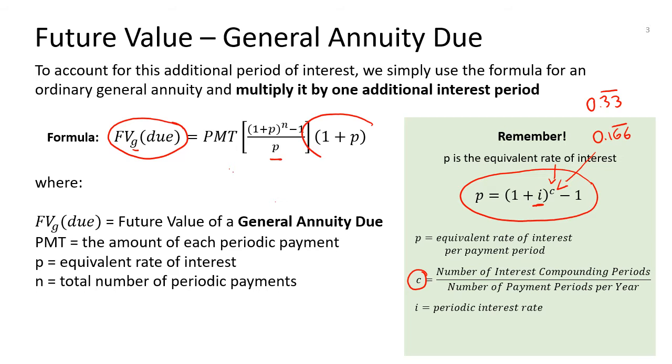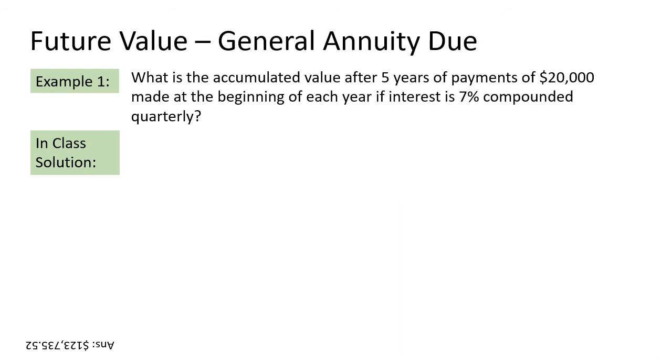Then we have this additional term at the end, 1 plus p, accounting for that one additional period of interest, because your payments start at the very beginning instead of at the end of each period. So when you first enter into a car lease, if your payments are at the very start, then you have to put that money down up front. That's just one example.